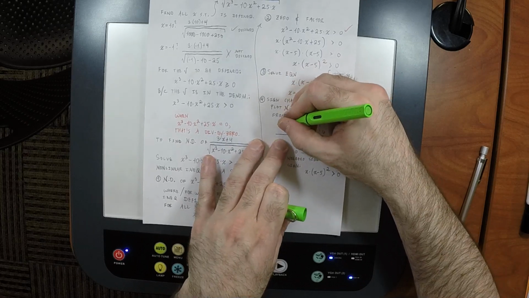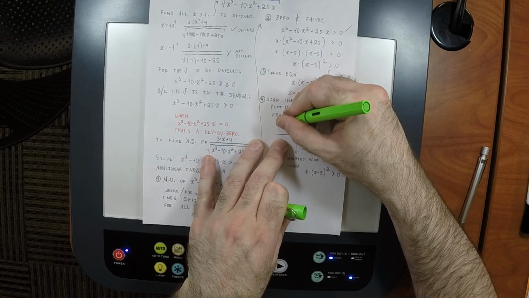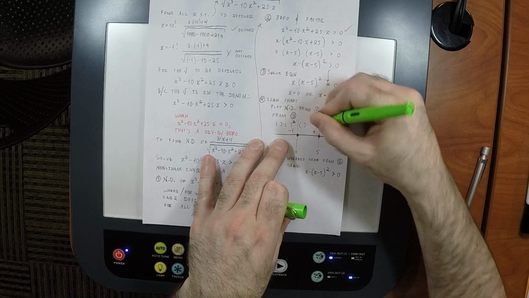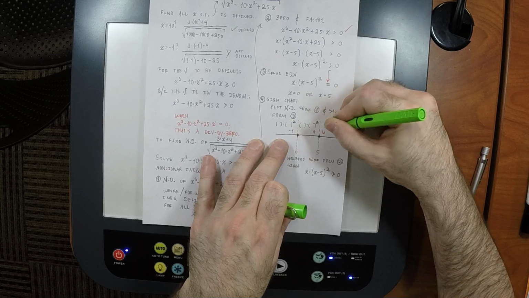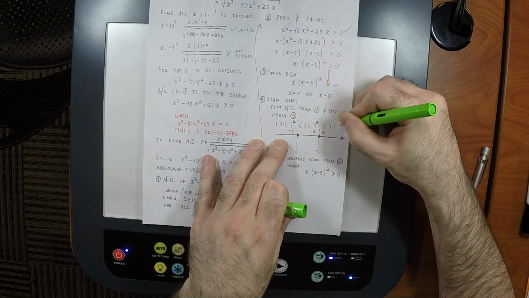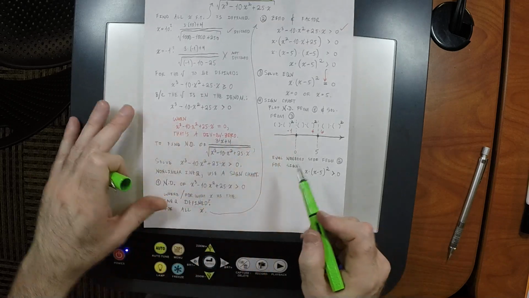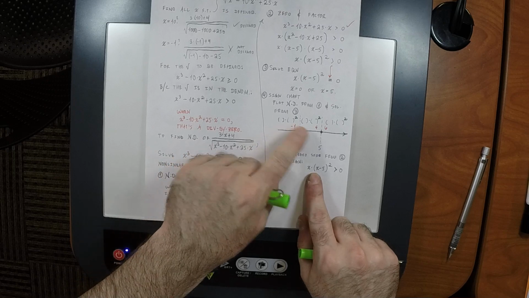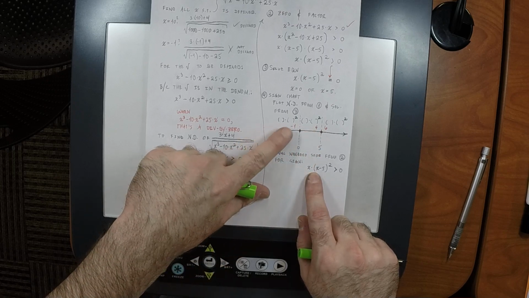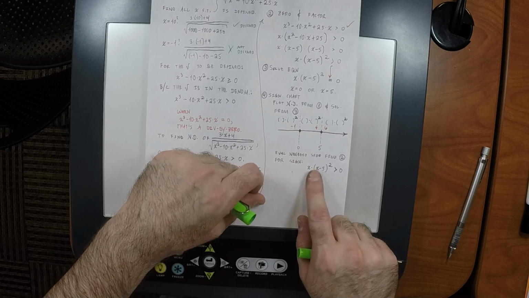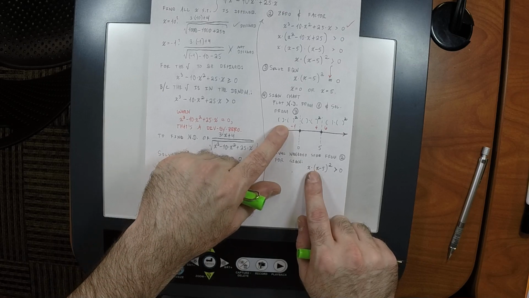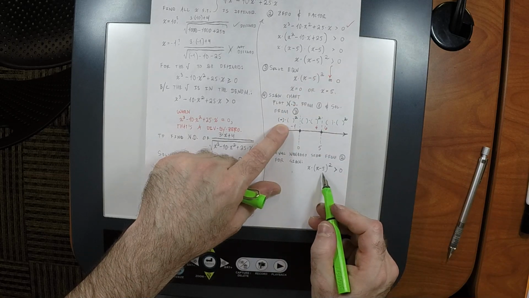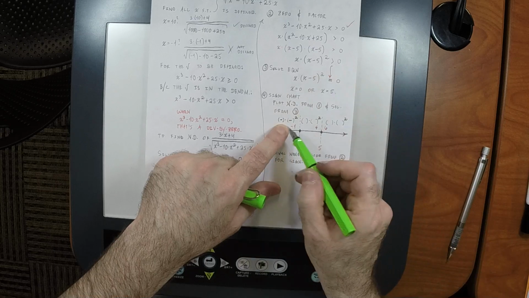There's going to be a pattern in each region that looks like this: slot multiplied by slot squared, slot multiplied by slot squared, slot multiplied by slot squared. So just copying down that structure there. And now we're going to plug in the test points. If we plug in -1, this first factor would be negative, and -1 minus 5 is negative, so negative, like that.